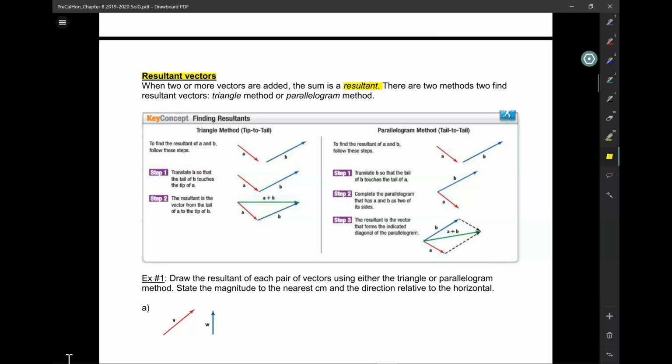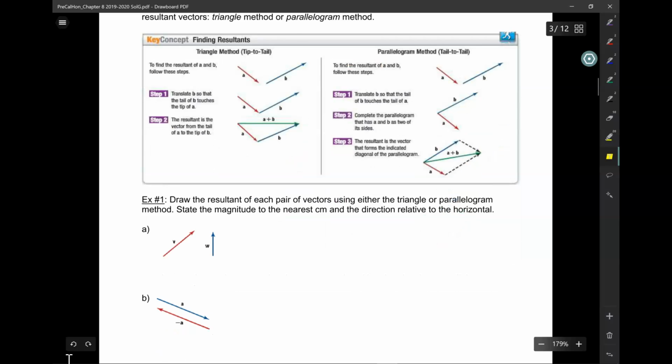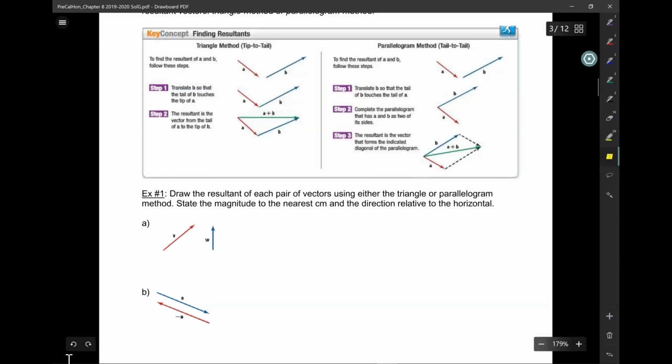I actually prefer the triangle method. So the way the triangle method works is this. You take your first vector, which is A, and you have to add it to vector B, right? So you take the first vector A. That vector starts on the left here and it ends on the right. Now you put the second vector where the first one ended. So right here.